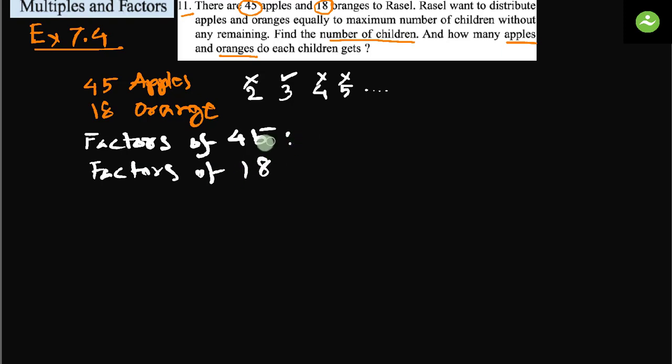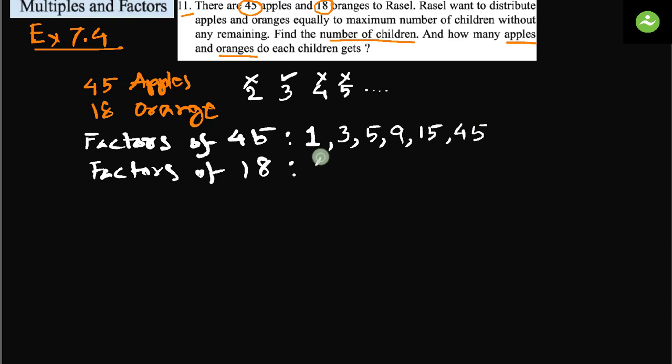So factors of 45: 1 is a factor because 1 divides 45, 2 is not, 3 is a factor, 4 is not, 5 is a factor, 6 is not, 7 is not, 8 not, 9 is a factor, then 15 is a factor, and 45 is a factor.